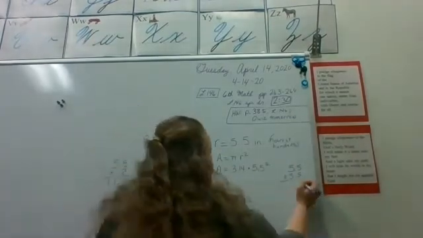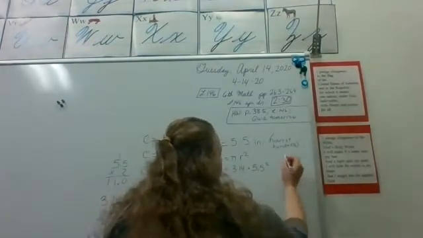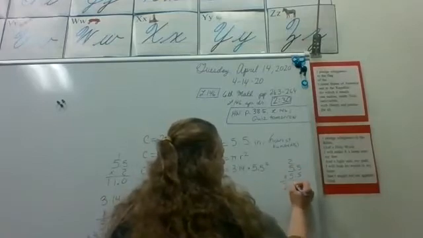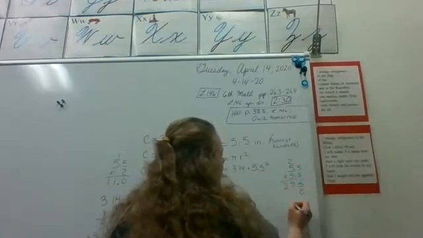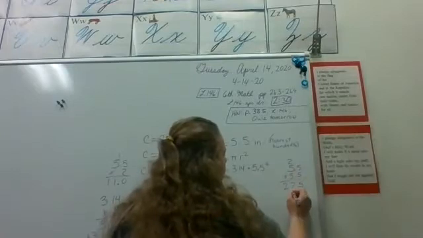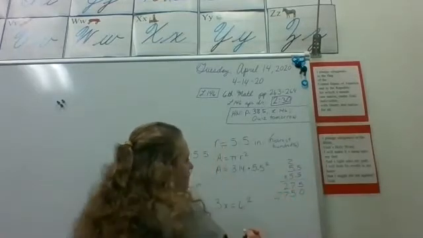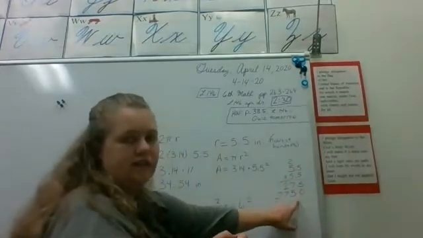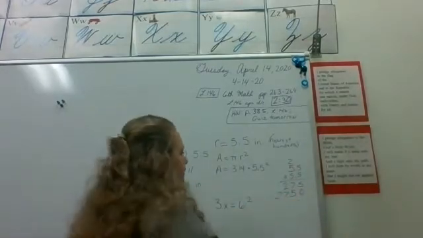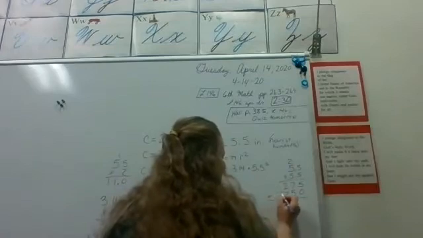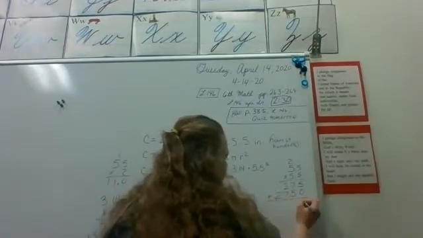So 5 times 5 is 25, carry the 2. 5 times 5 is 25, plus 2 is 27. Put a 0 down there. Again, 5 times 5 is 25, and 27. They're the same numbers, just don't forget the 0, but you can just write them out like that.